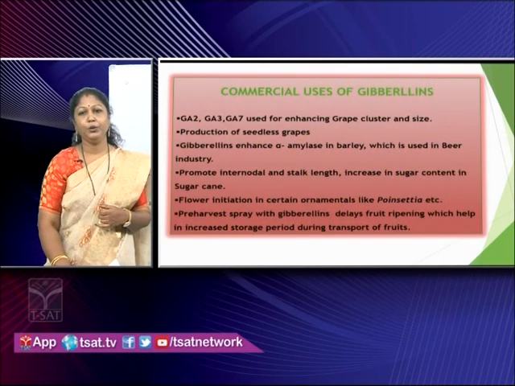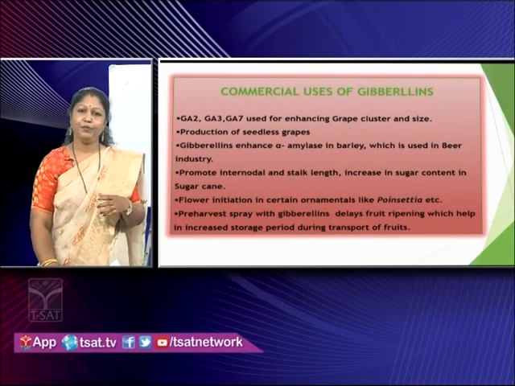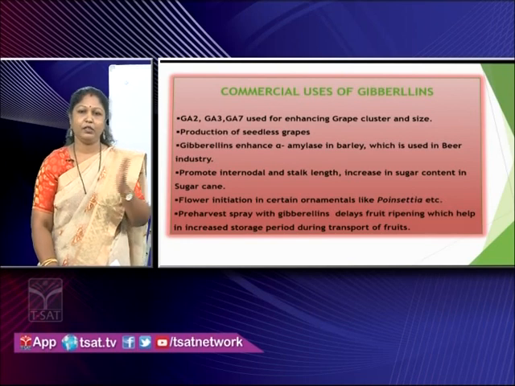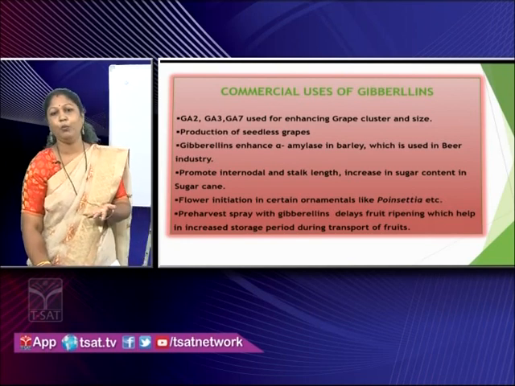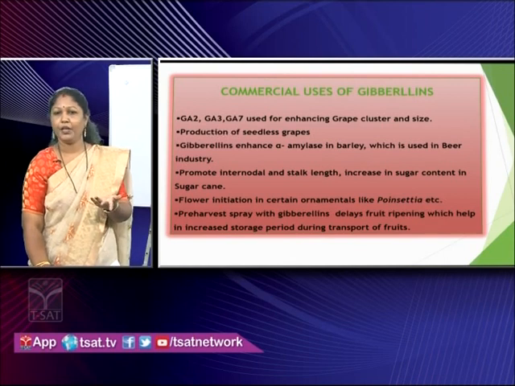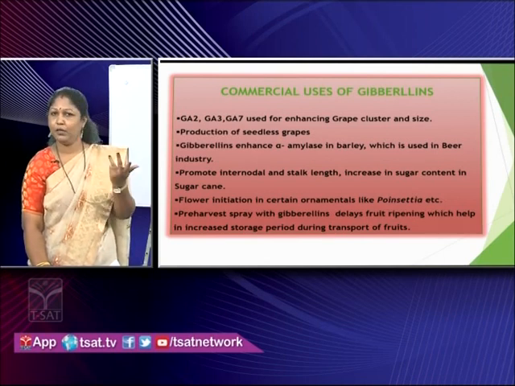So let us move on to the commercial uses of the gibberellins. As we discussed in the physiological effects, we can see the same things one more time. In horticulture and floriculture, for increasing the grape cluster, these gibberellins are popularly used, and for production of seedless grapes, that is parthenocarpy.